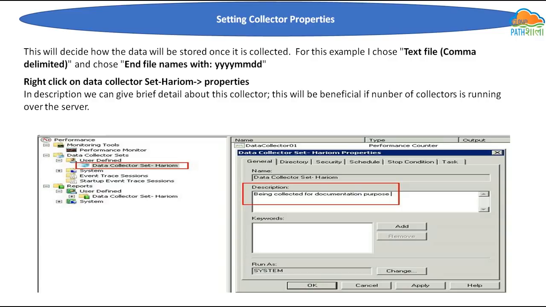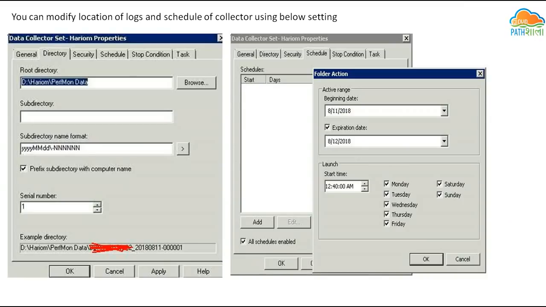After the general tab, if you go to the next tab, which is directory, you need to set the directory where the data will be saved, which we have already picked as D, Hariom, and the perform data. You can also select the subdirectory name format, which is what the name will be once you have that data collector set.